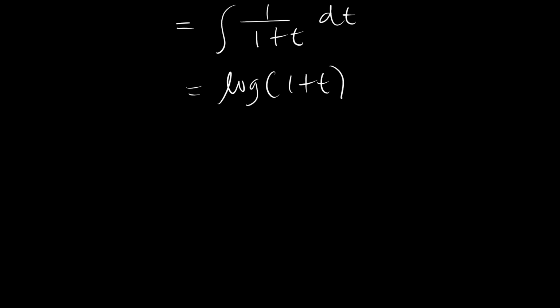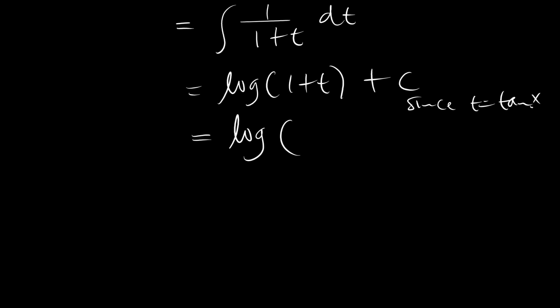So our problem now becomes the integral of 1 over 1 plus t, which is the natural logarithm of 1 plus t plus c. And since t is equal to tan x over 2, we have 1 plus the tangent of x over 2 plus c.